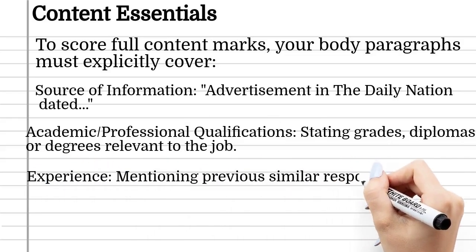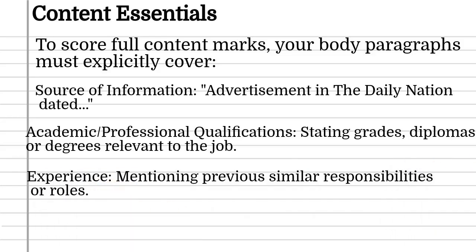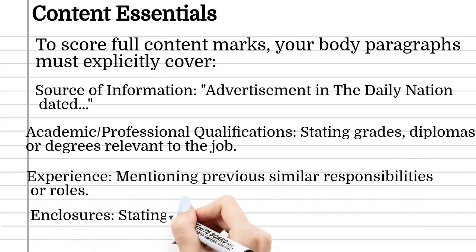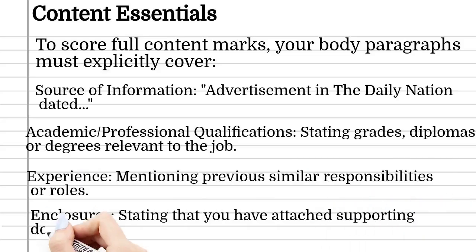You have to state the grades, diplomas or degrees relevant to the job. Number 3, the experience. Mention previous similar responsibilities or roles. And then finally, the enclosures. You have to state that you have attached supporting documents, for example, the CV.